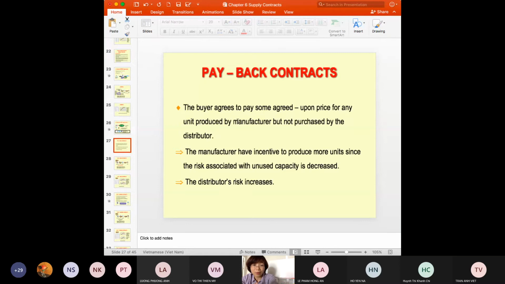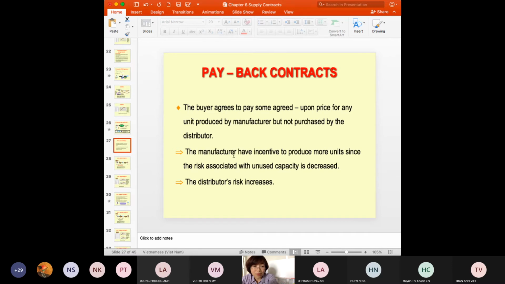If they cannot sell all the products, they will pay back the money for what they cannot sell to the end customer. So that is the buyback contract.